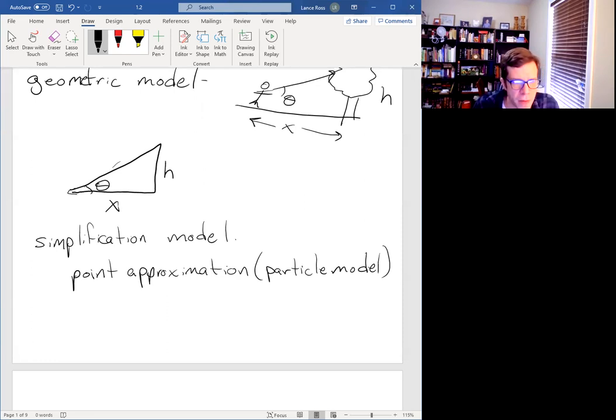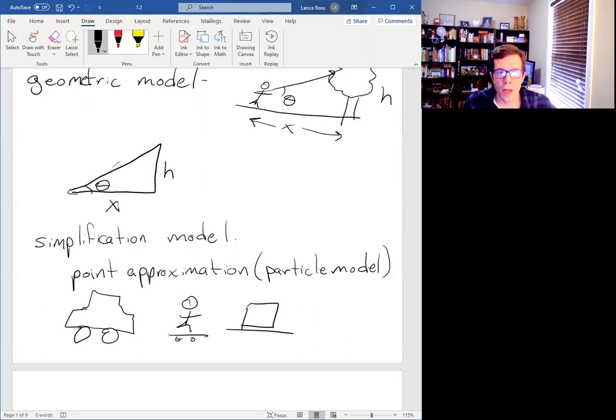And what that means is if I'm talking about anything really, if I'm talking about a car, or I'm talking about a person on a skateboard, or I'm talking about a box sliding across the floor, we don't consider the shape of these objects, we just consider them as a single point where all the mass is located, and we talk about what happens to that point.